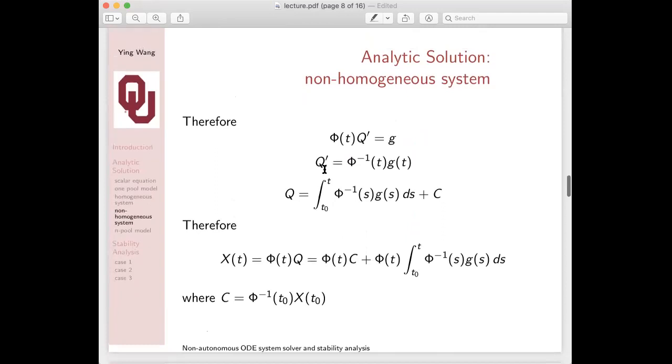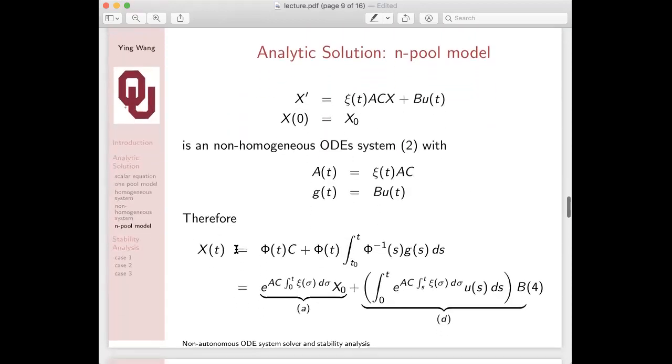And then in order to solve for Q, we'll integrate the right-hand side here, that's the Q. Now we have the solution for Q, we can easily write down our solution for the non-homogeneous system, which is phi times Q. Phi is the fundamental matrix for the associated homogeneous system, and Q is here. Therefore, solution X is equal to phi times C plus phi times this integral here. And then we plug in the initial condition at t naught, we'll be able to find out the integration constant C here.